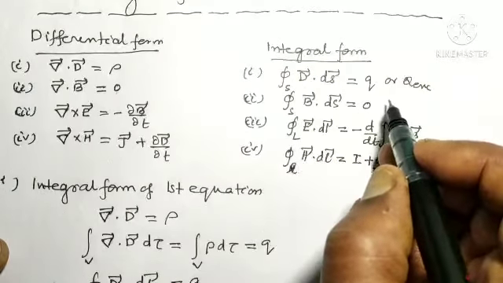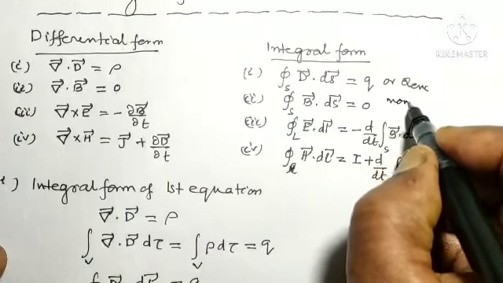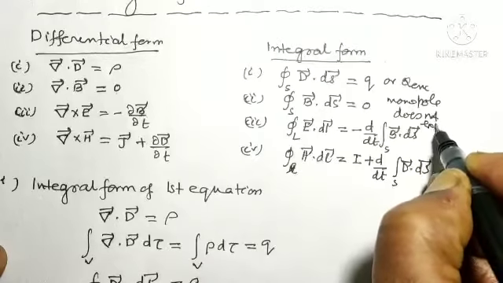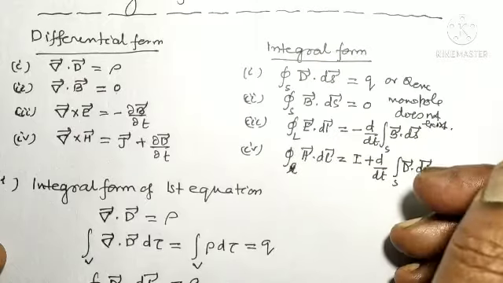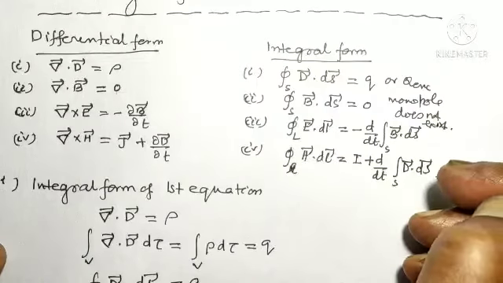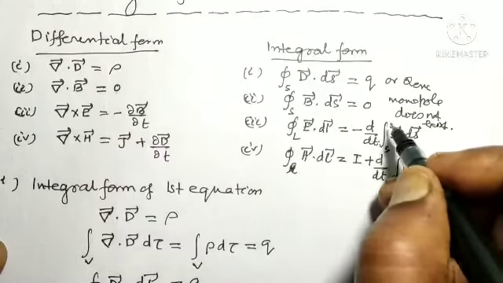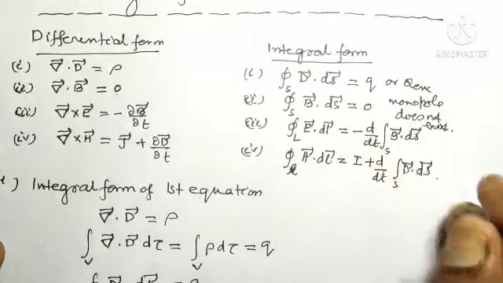It shows that there are no magnetic charges. Monopoles do not exist. In other words, magnetic monopoles are non-existent. The lines of B have neither beginning nor end, as net magnetic flux through any closed surface is 0.